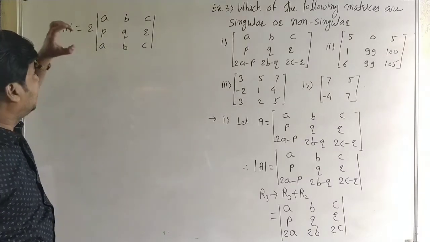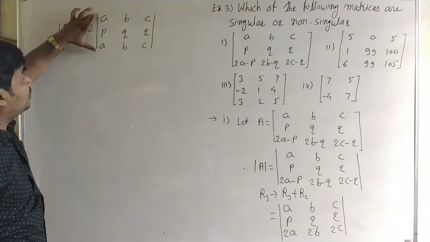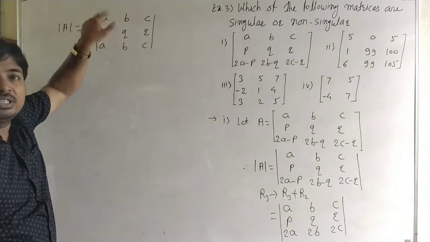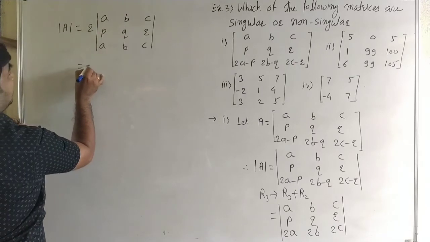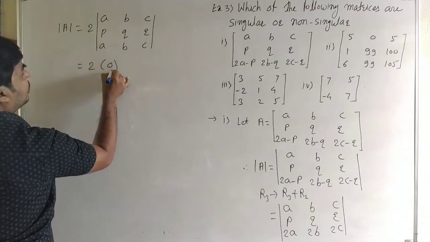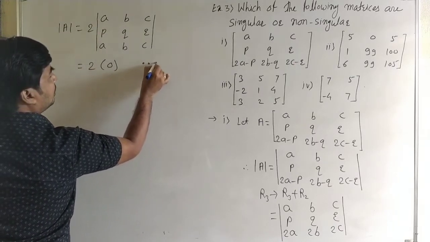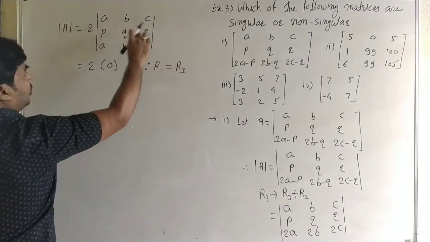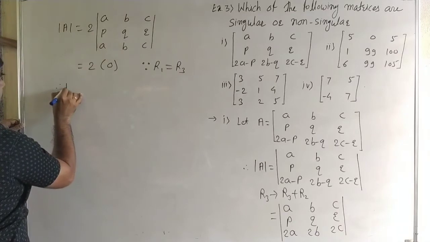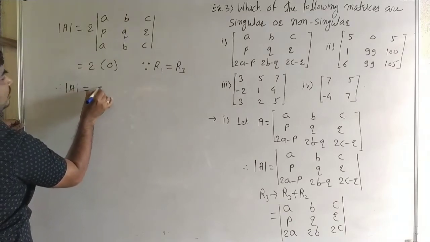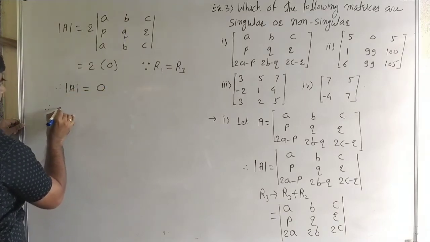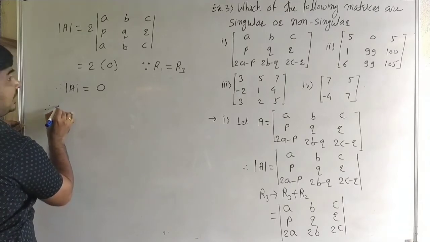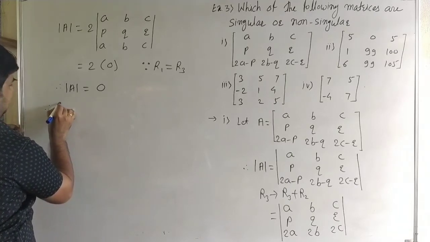Here see carefully, row 1 and row 3 are the same, and therefore the value of this determinant is 0, so it is 2 into 0. Row 1 is equal to row 3, and therefore the determinant of A is equal to 0, and therefore the given matrix is a singular matrix.